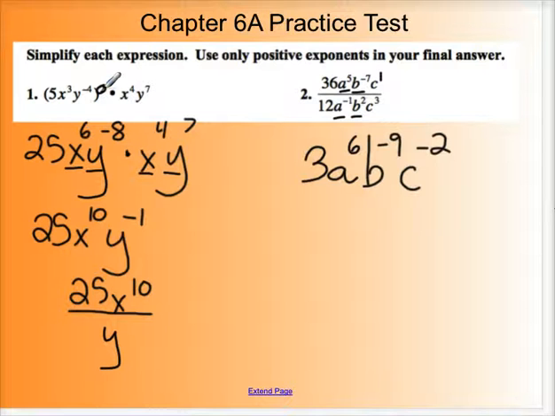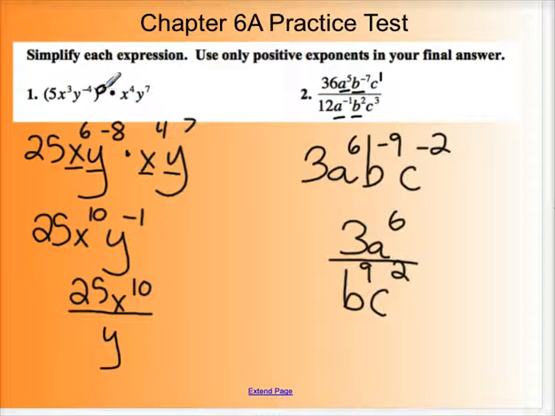Now remember, what those negative exponents really mean is that those pieces are going to end up in the denominator. So we have a b to the 9 that we move downstairs, and that c squared we move downstairs, so they can have positive exponents. And now finally, that can be our final answer.